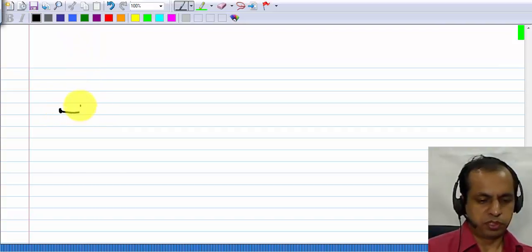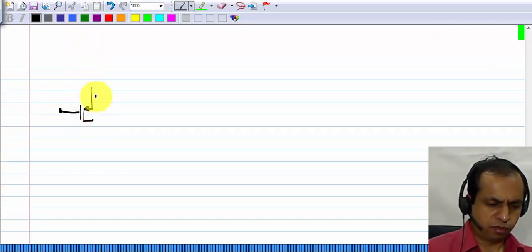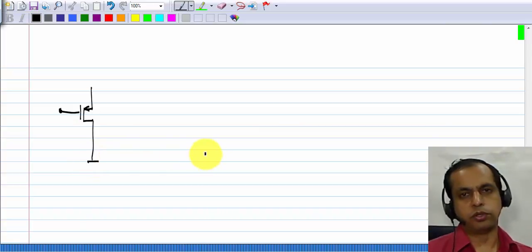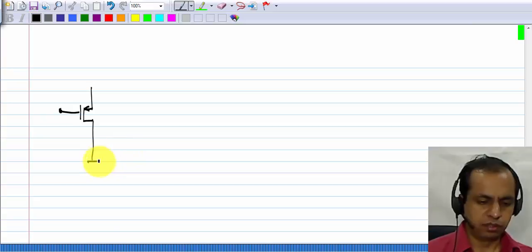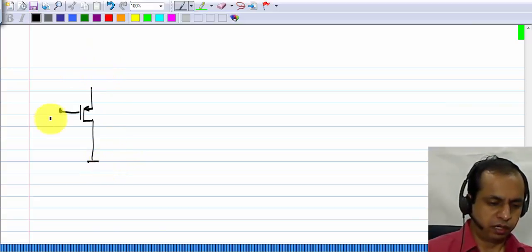In case of PMOS, the drain terminal is not used, at least as far as the operating point picture is concerned. So we connect it to ground and the gate is connected to some fixed voltage VG0.